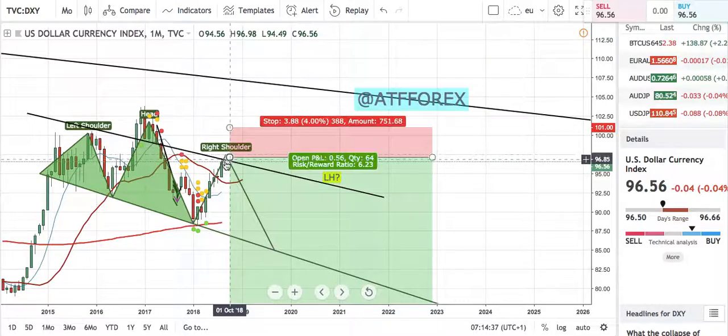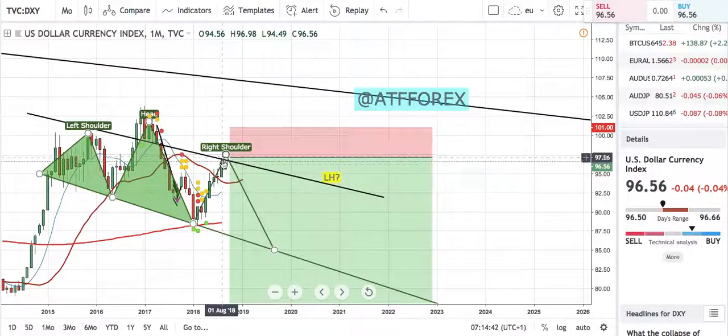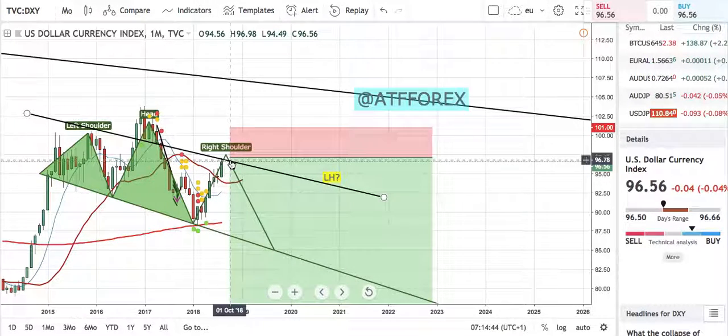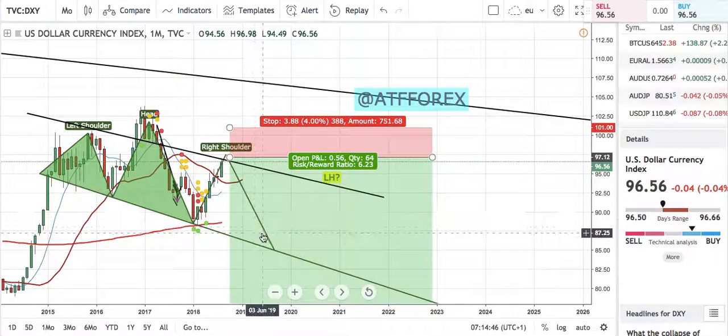If this is in fact a head and shoulders pattern, what we should see is a nice smooth reversal at this level right now, where we should be seeing a lot of resistance to take us to the downside.